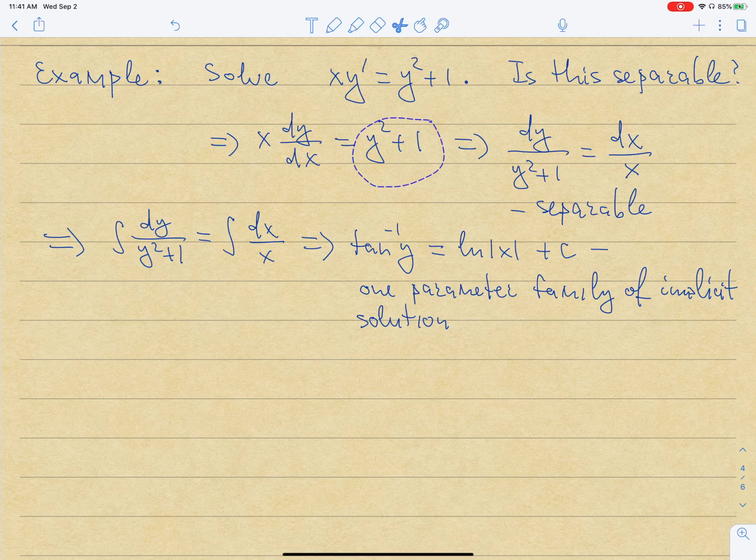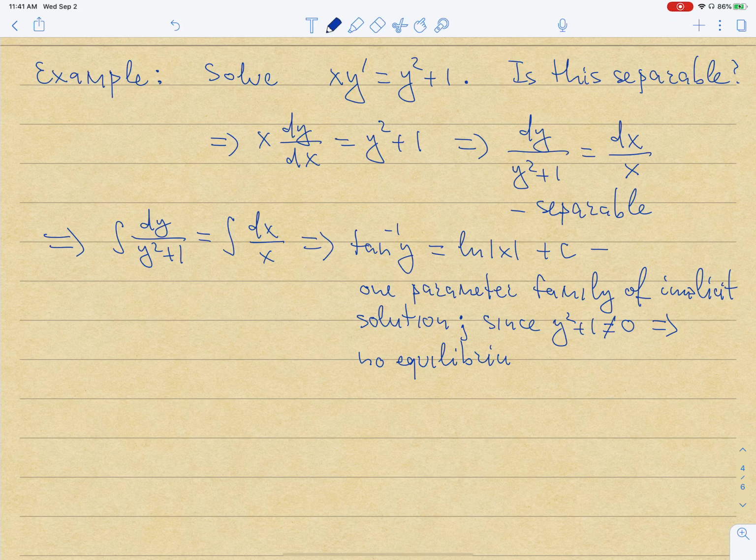But clearly, y squared plus 1 is never equal to 0, so we can conclude that since y squared plus 1 is never 0, we have no equilibrium solutions.